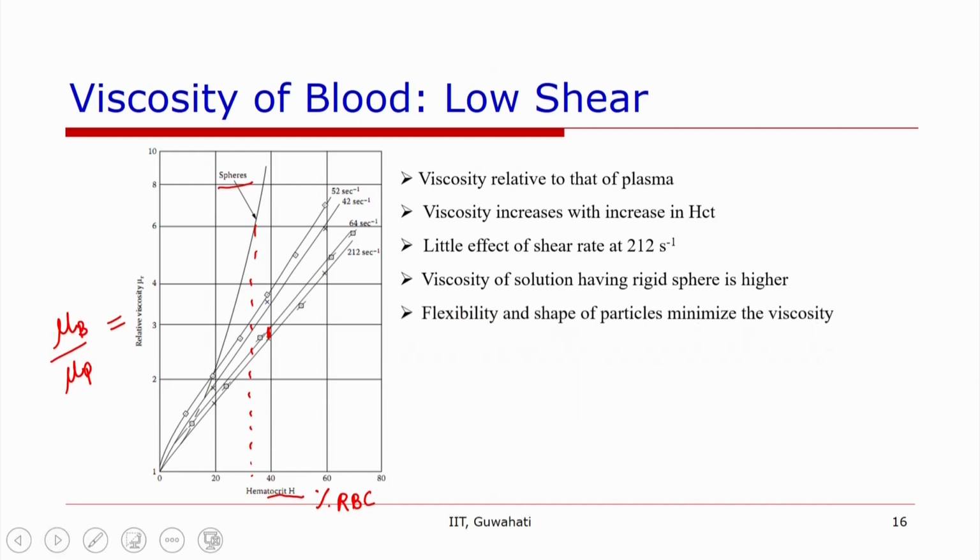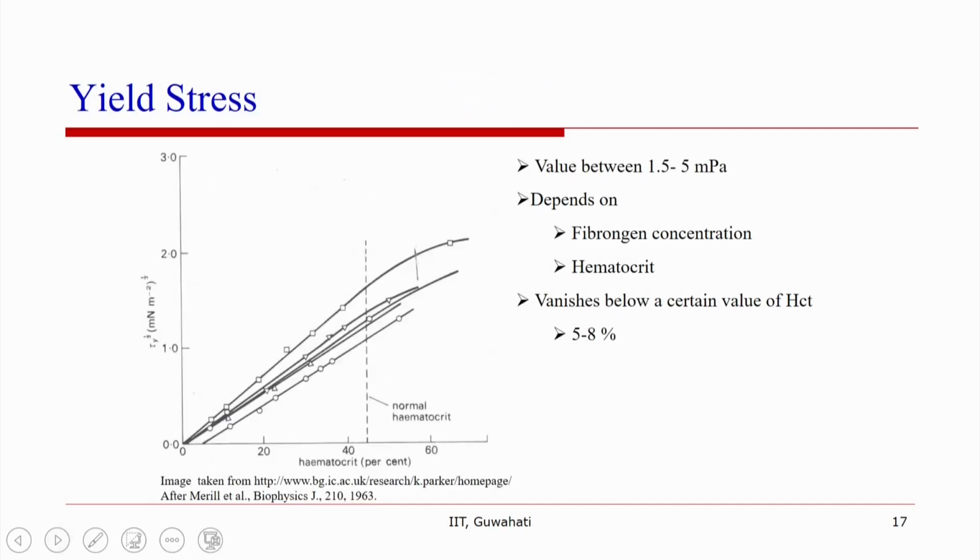So, this clearly suggests that the flexibility and shape of particles is responsible for minimizing the viscosity of the blood.